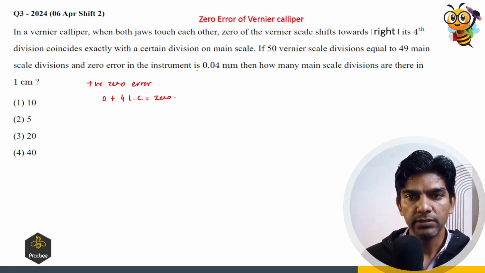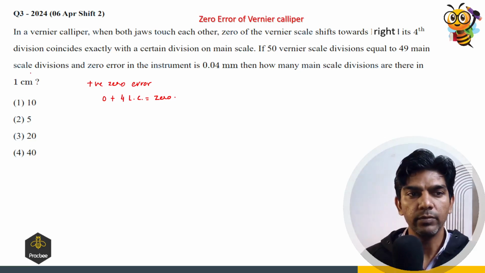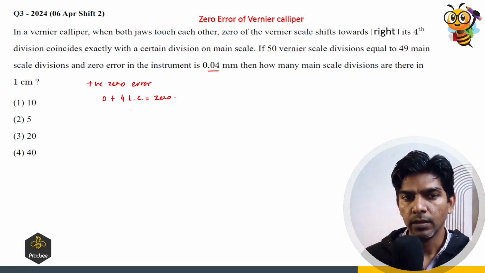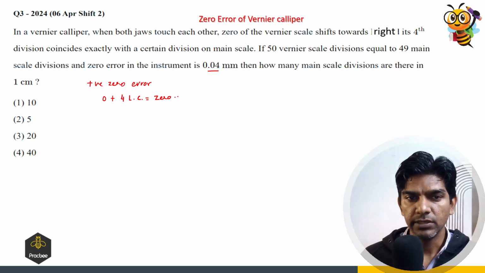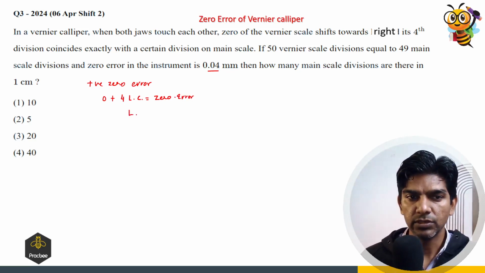And it is given as, if 50 Vernier scale divisions coincide with 49 main scale divisions and zero error in the instrument is 0.04 millimeter, then how many main scale divisions are there in 1 centimeter? Right, so from this, zero error is given as 0.04 millimeter. So least count will be 0.04 divided by 4. So that comes out to be 0.01 millimeter.